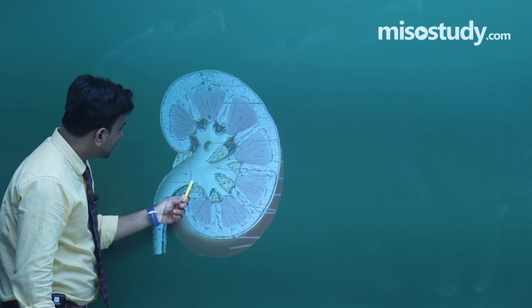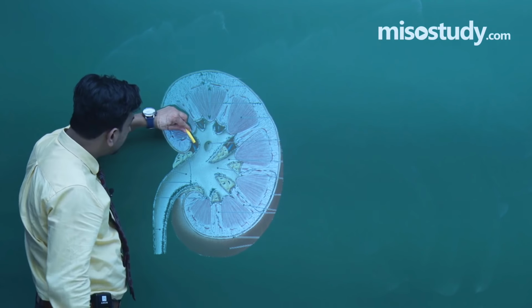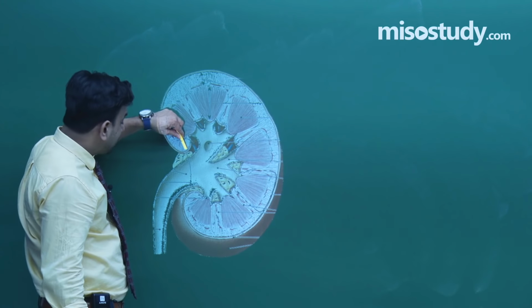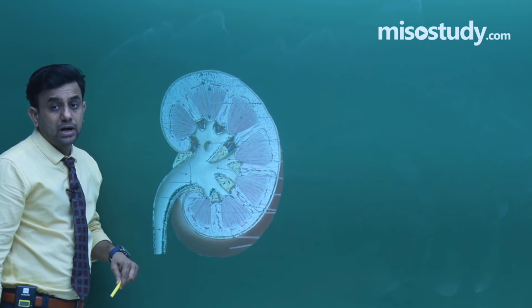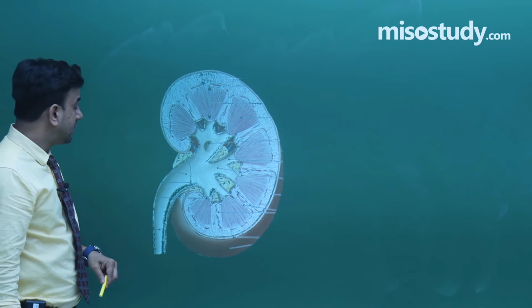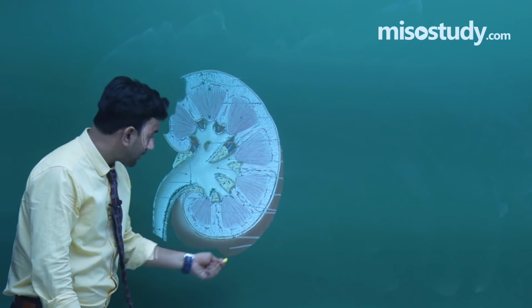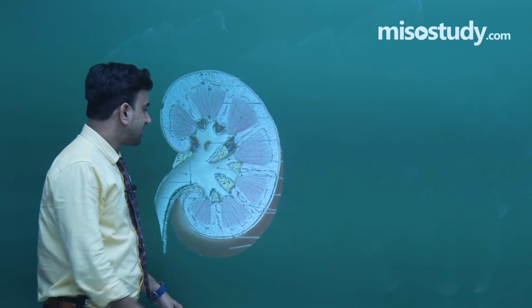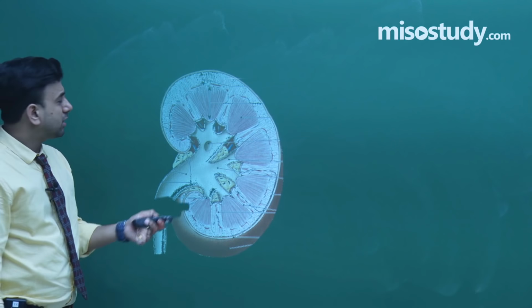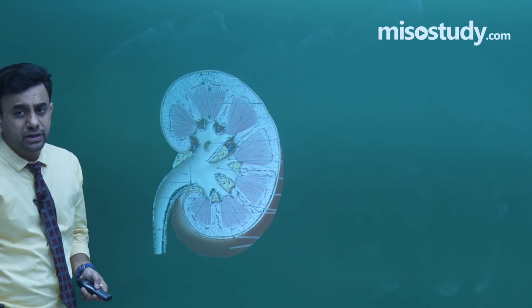This is the pelvic region, the renal pelvis. Now this is the renal sinus, and this is the renal adipose tissue connecting with the renal sinus. This is the renal capsule once again. So it's the same structure, just a different form of it.